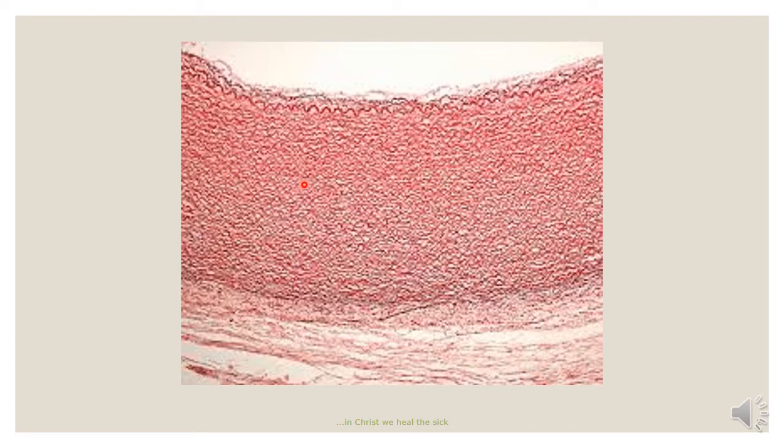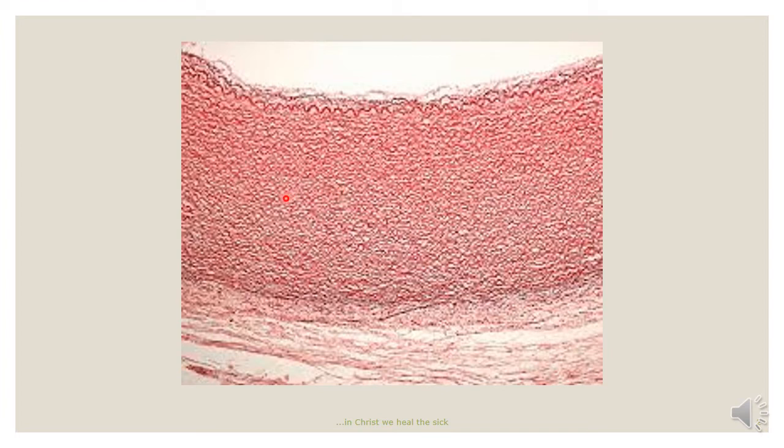However, it can also be stained pink, just as this slide is stained with both the Van Gieson stain and the H&E stain. That's why you can see that some of the elastin fibers here stain pink and some stain black.